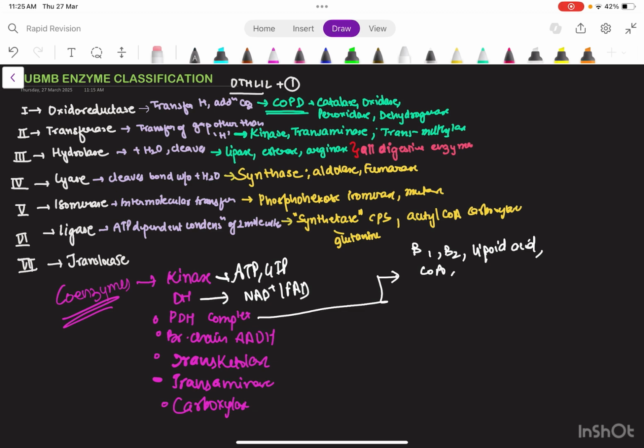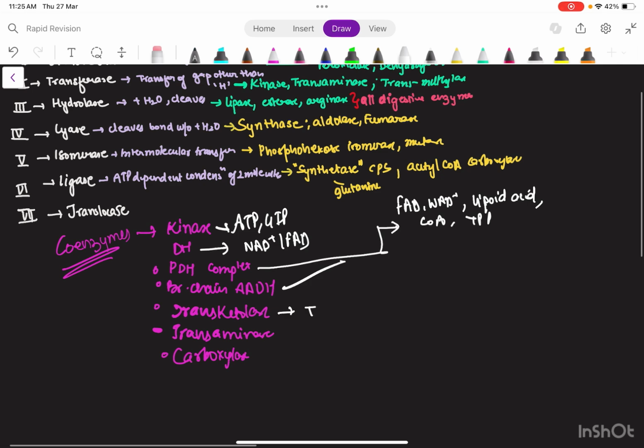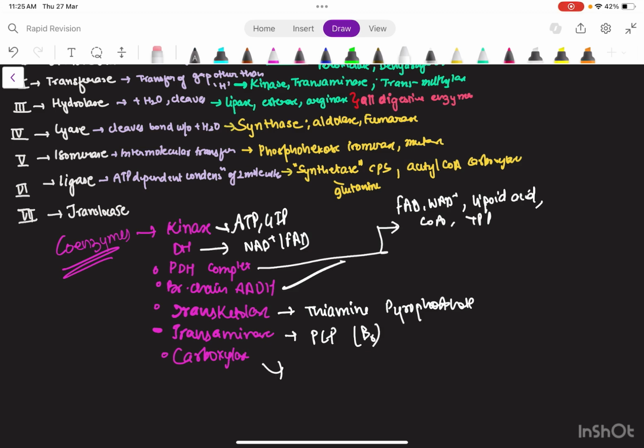And here you can write FAD, NAD plus and TPP. Then this is same for this. Transketolase is thiamine pyrophosphate, which is TPP. Transaminase is PLP, B6, okay. And carboxylase is biotin, so B7, right?